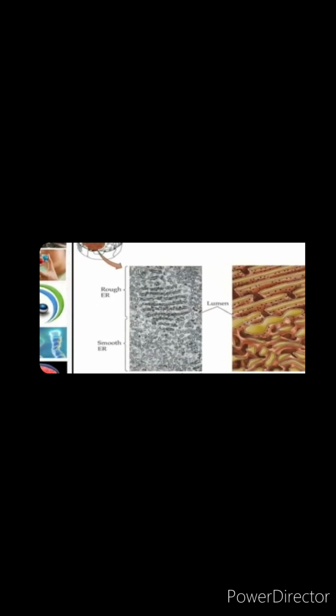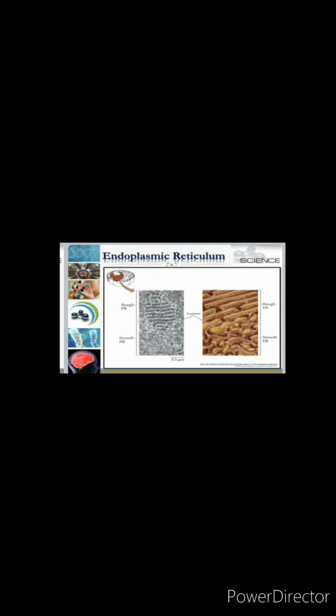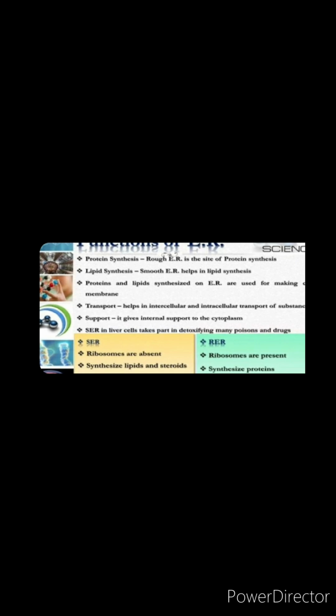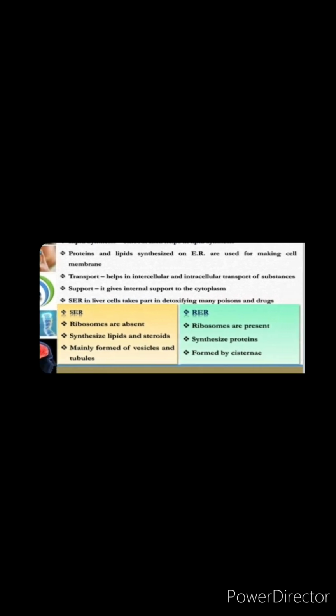These are the diagrams of rough endoplasmic reticulum and smooth endoplasmic reticulum, you can see here, and both have different functions. So let's see the function of endoplasmic reticulum. In smooth endoplasmic reticulum, ribosomes are absent. In rough endoplasmic reticulum, ribosomes are present and it synthesizes protein.